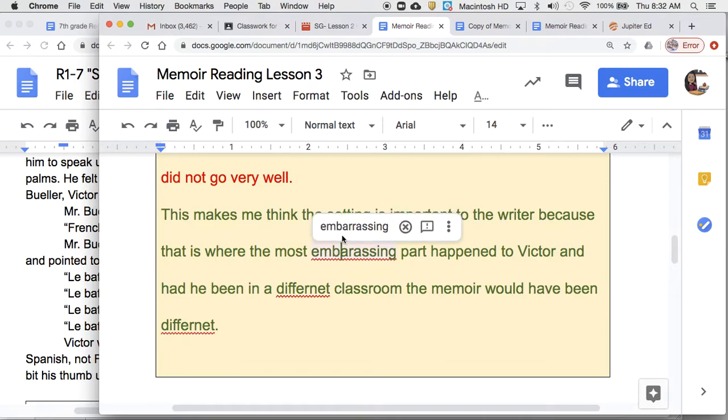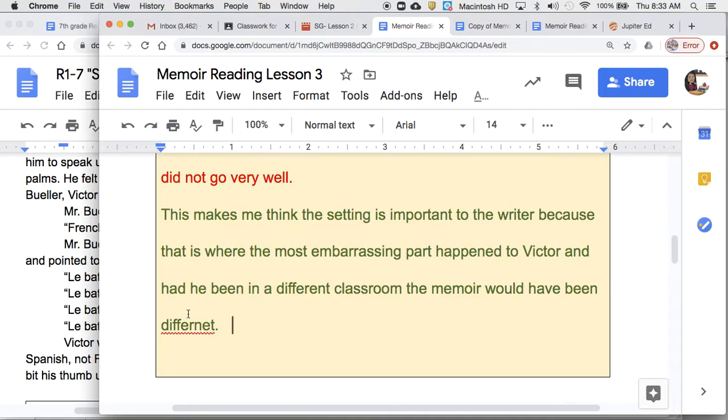I'm going to fix that. Embarrassing. So this makes me think that the setting is important to the writer because that is where the most embarrassing part happened to Victor, and had he been in a different classroom, the memoir would have been very different.